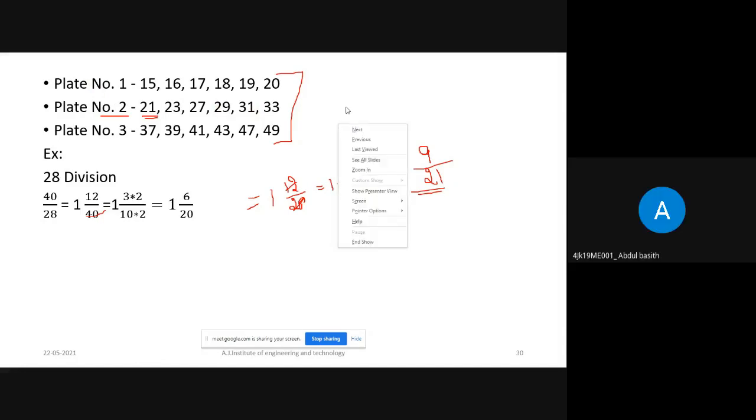Okay, good. So here it is 40 divided by 32. 32 ones are 32 and the remaining is 8 divided by 32.